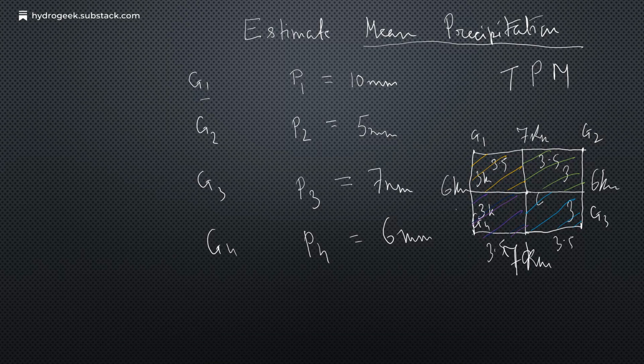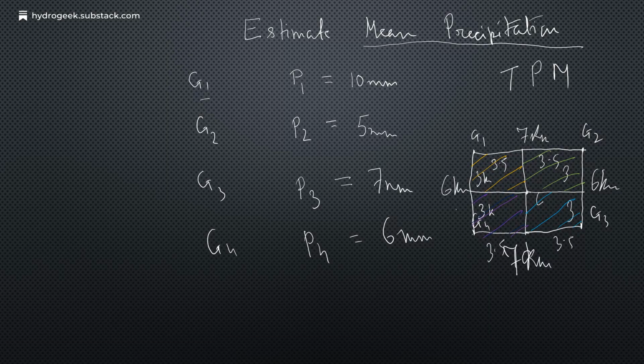Now this polygon is actually a rectangle, as we can see that this is 3 km, this is 3 km, and this is perpendicular, this is parallel, so 3 km, 3 km, 3.5, 3.5. So this is a rectangle.